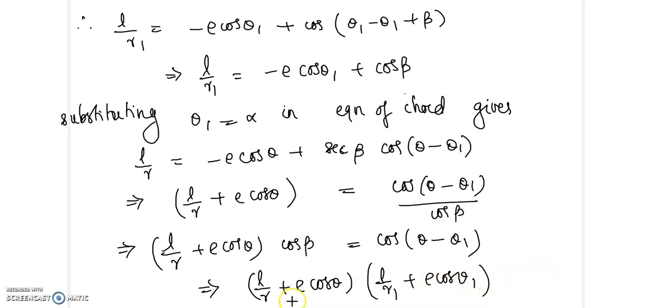So we will get L by R plus E cos theta into L by R1 plus E cos theta 1 equal to cos theta minus theta 1. So this is the equation of the chord of contact to the points R1, theta 1.